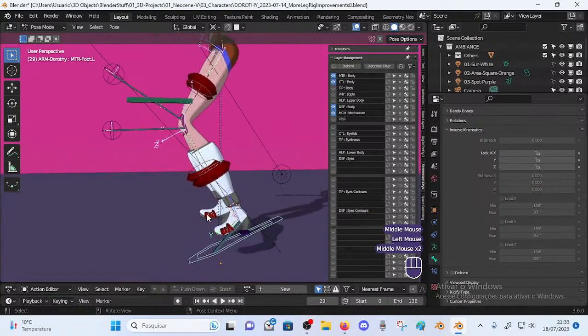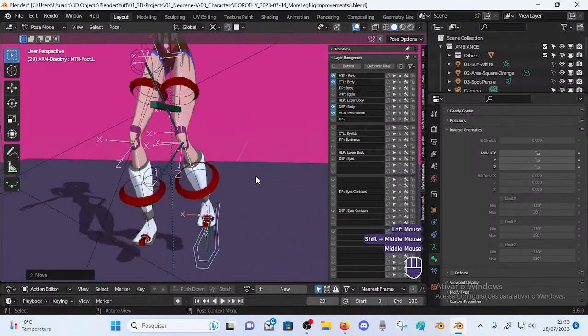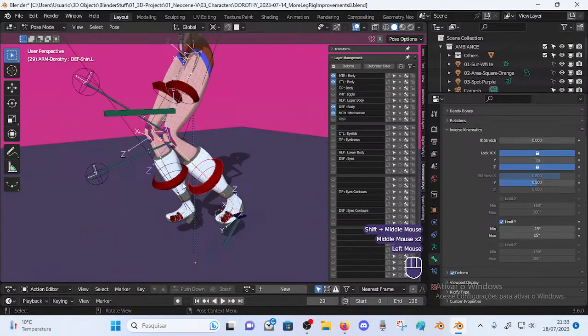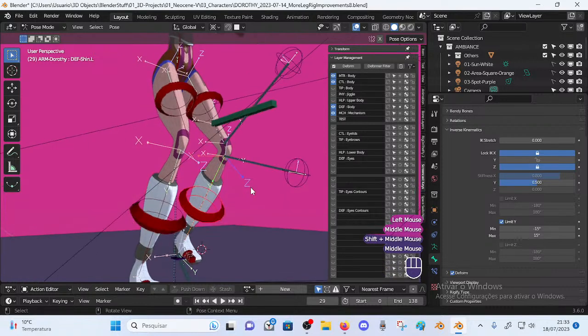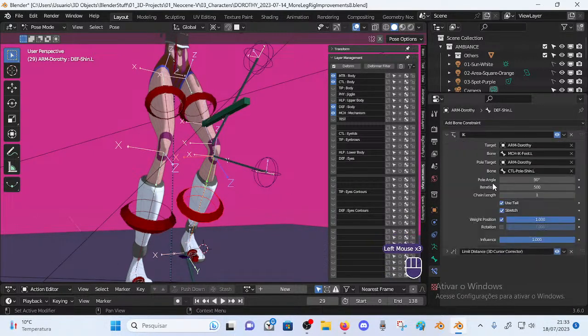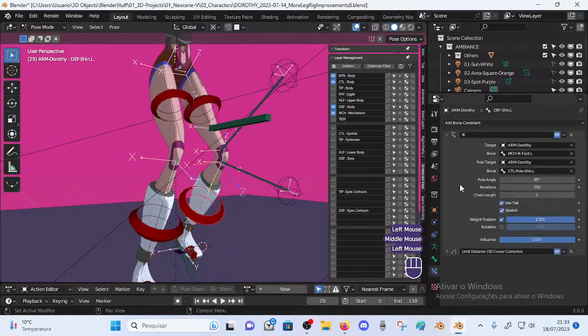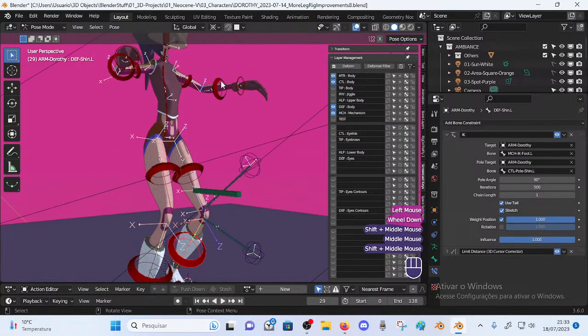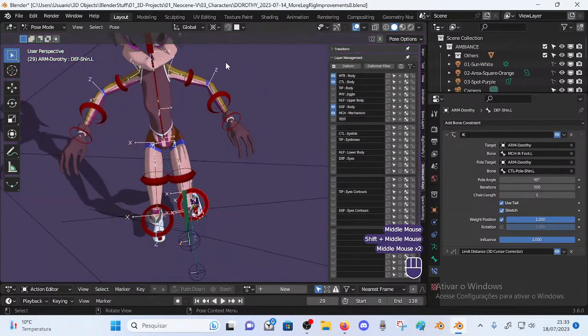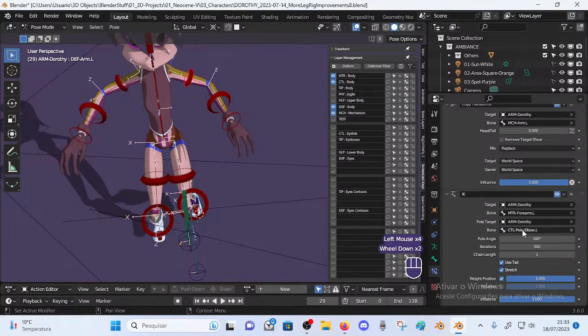But here, because I have two IK chains, the shin bone has an inverse kinematics bone constraint, so an IK bone constraint. It has its own pole target. In the case of the arm, I was able to get the same pole target for both, as you can see here.